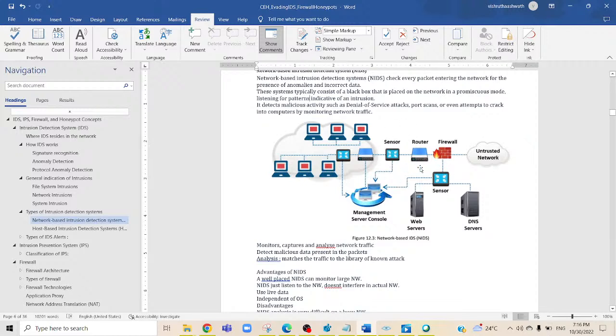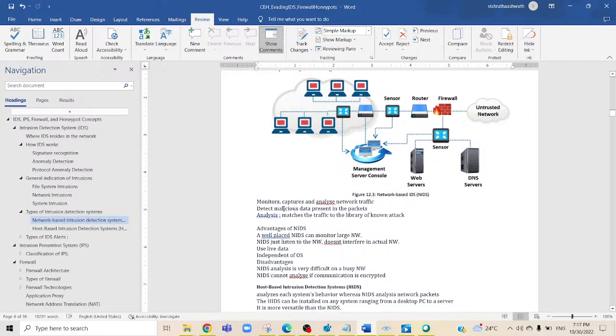Any packet that enters the network, or any packet that goes out of the network, will be monitored by these sensors or IDS. So these are called network intrusion detection systems. They monitor, capture, and analyze network traffic, detect malicious data present in the packets, and match the traffic to a library of known attacks.